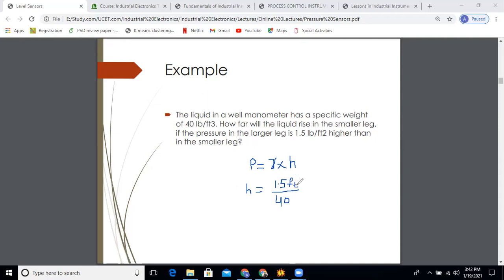1.5 feet, we will convert it into inches so we can have a more significant answer. So it will be approximately equal to, when we convert it into inches, 0.45 inches.